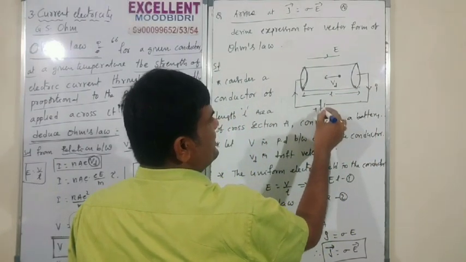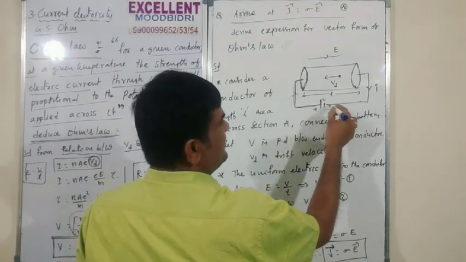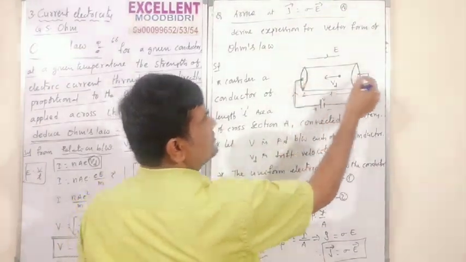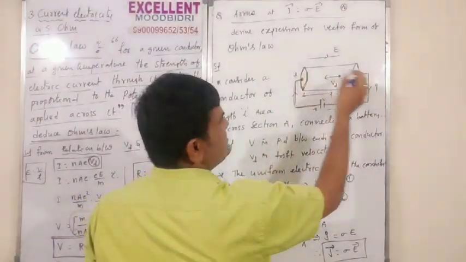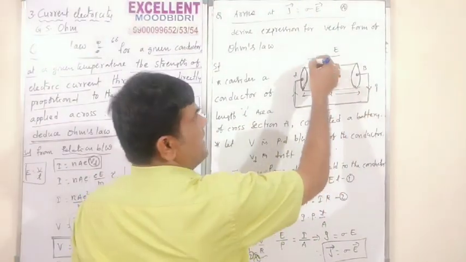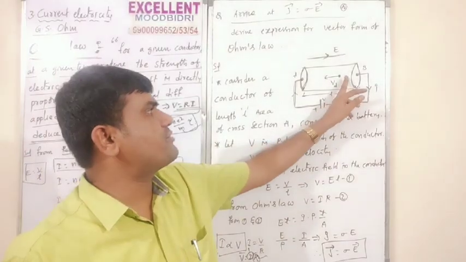I have applied an electric potential through the ends A and B, and the potential difference is V. The drift velocity is moving from here to here.